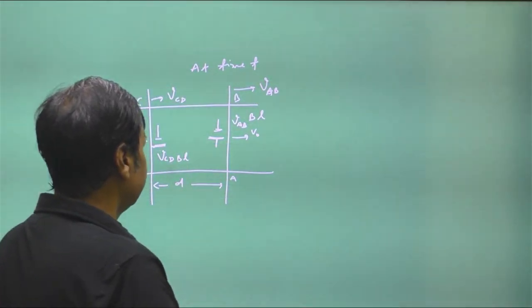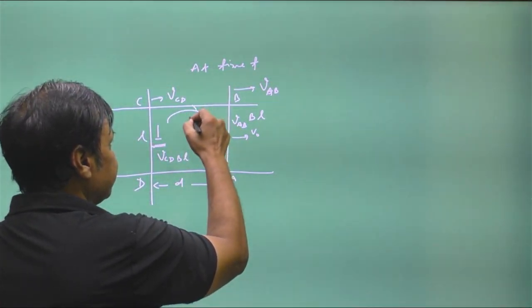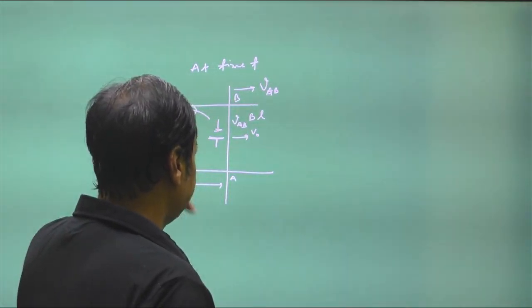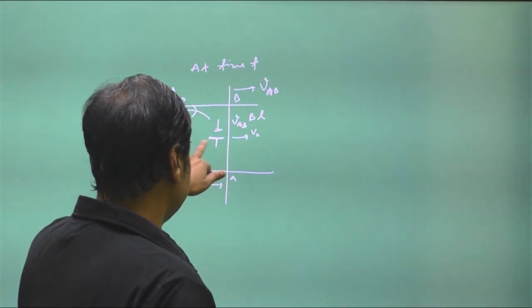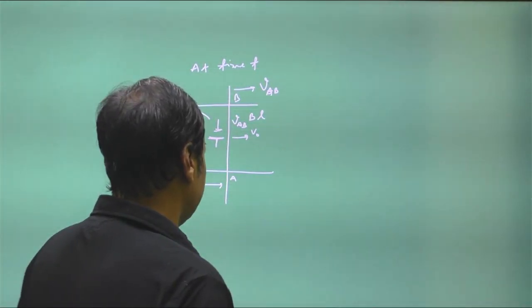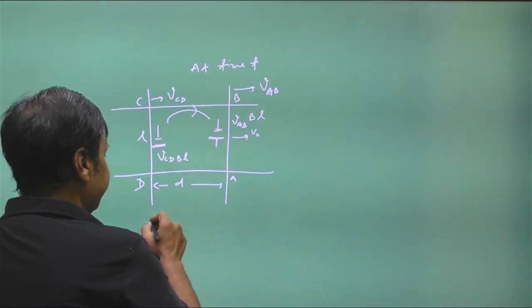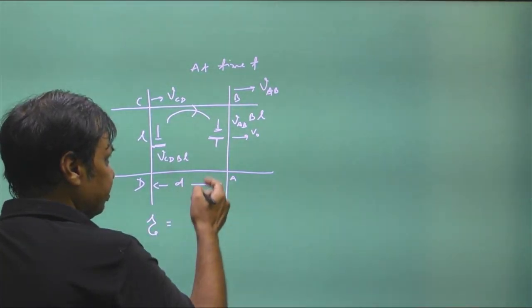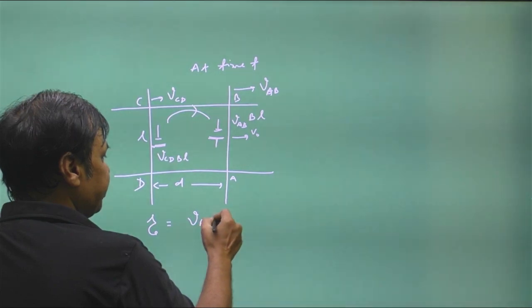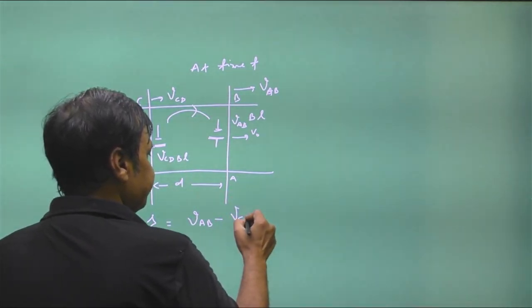And current is passing in this direction. So the net EMF is this EMF minus this EMF. Net EMF produced in this loop is VAB minus VCD BL.